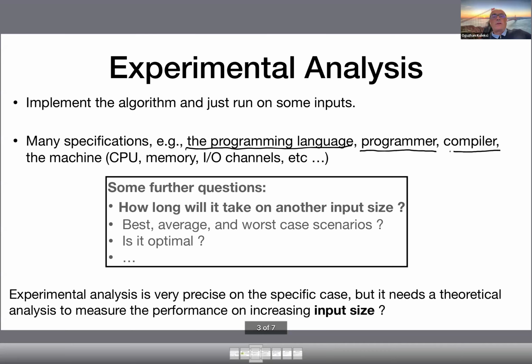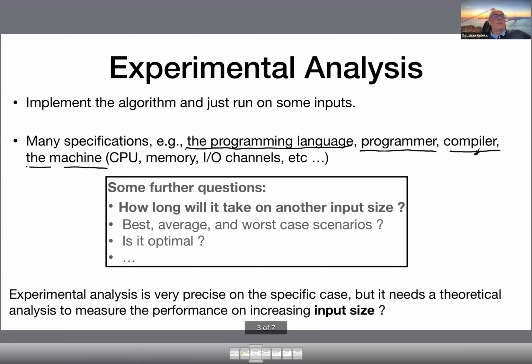What is the compiler? Okay, so you fix the programming language, you fix the programmer, but even the compiler makes a difference. So LLVM compiler, Intel's compiler, GNU compiler, whatever. There are many options, and choosing a different compiler will have an effect on the running time.